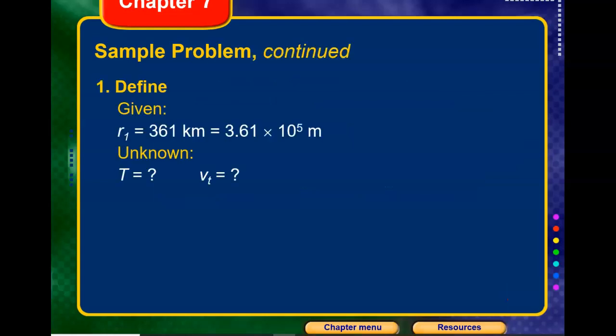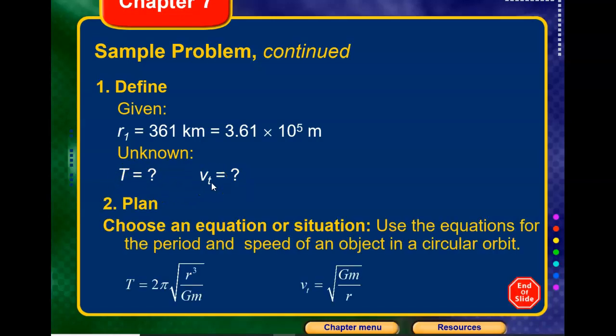All right, so we know the altitude is 361 kilometers, which is 3.61 times 10 to the 5th meters. What we don't know is the period and the orbital velocity. So we have to use these equations to solve for our period and our tangential velocity.